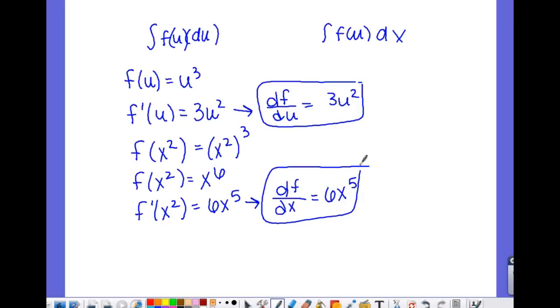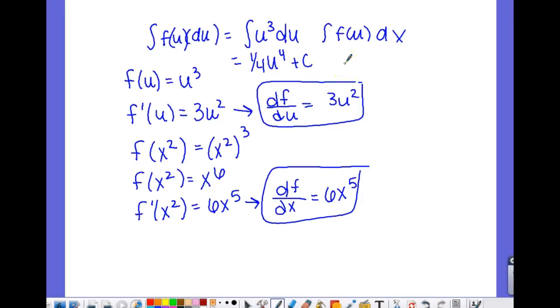At the moment, I know f of u is u cubed. So I have the integral of u cubed du, the antiderivative of u cubed du, plus our imaginary c.